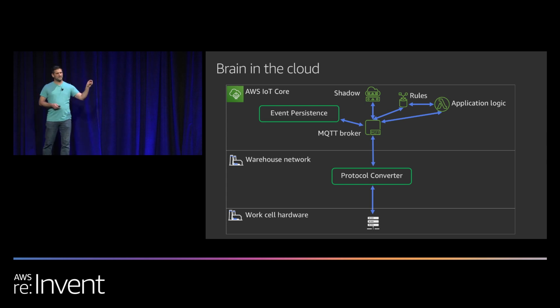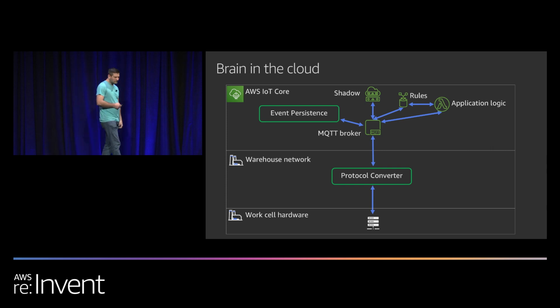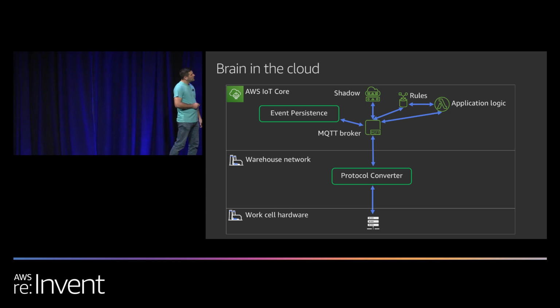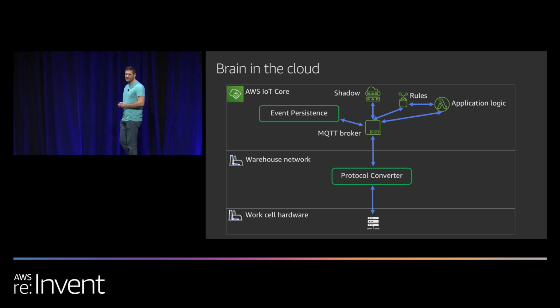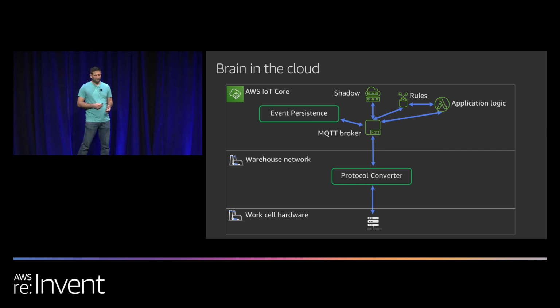We can go from event persistence to making an event handler. So that was one reason. But a more important reason was that we wanted to make the device look native, like it was a native IoT device out of the box. And so by building this protocol converter facade, it made it look as though this device could already speak MQTT-LS.